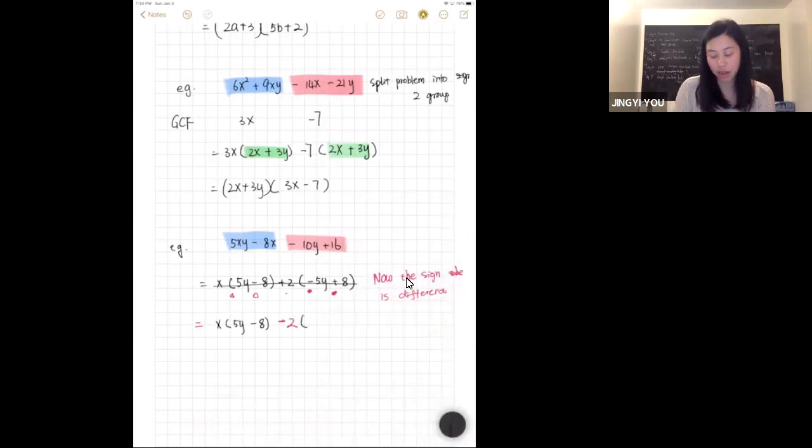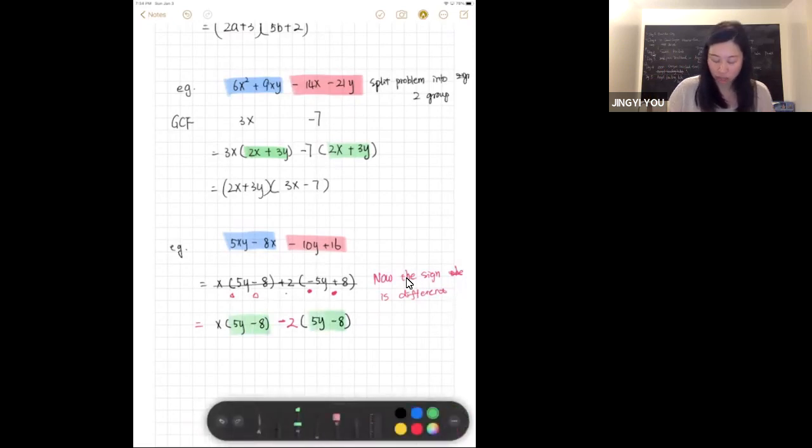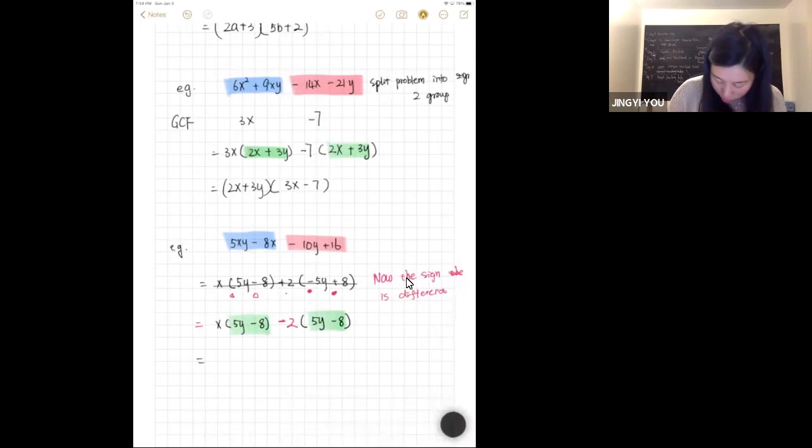So what happened? Negative 10y divided by negative 2, I have positive 5y. And then 16 divided by negative 2, I have negative 8. So now we found the common factor, 5y minus 8. So now we can factor it out. With 5y minus 8, what remains is x minus 2.